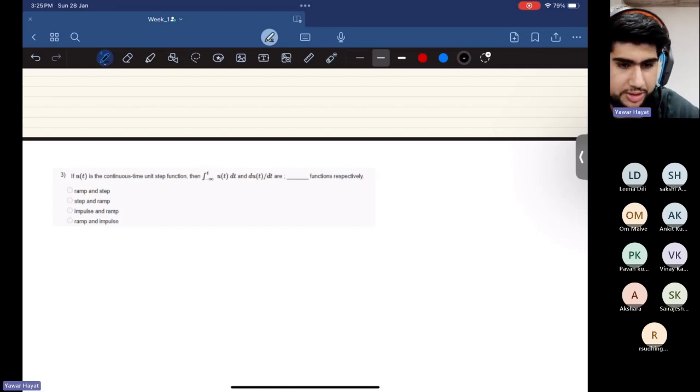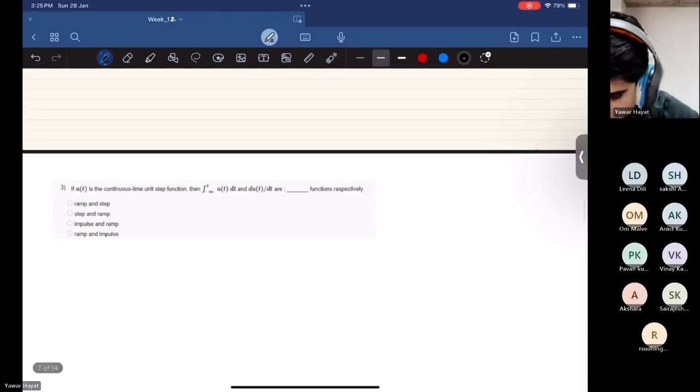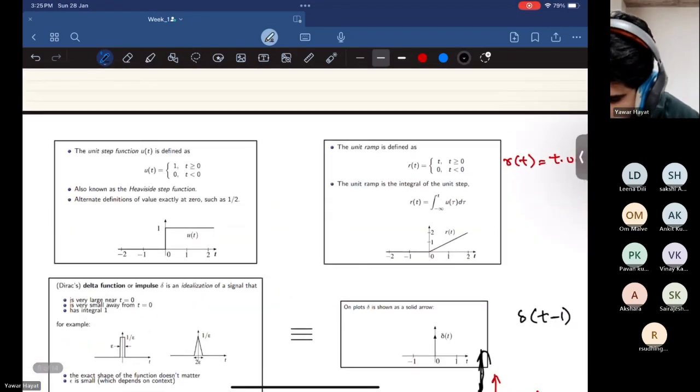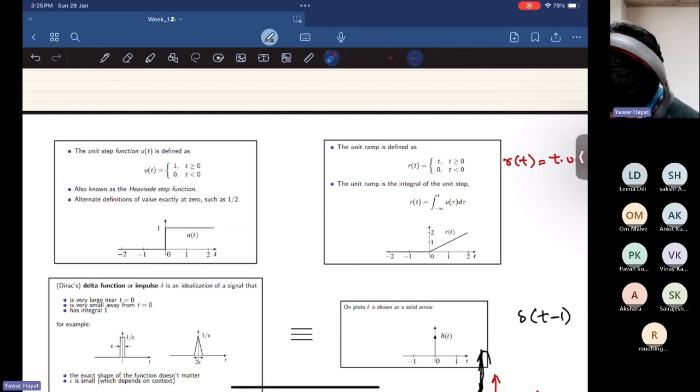I had a couple of responses, option D, and that is the right one. Since u of t is a unit step function, its integral would be a ramp function. We saw this just before, right?